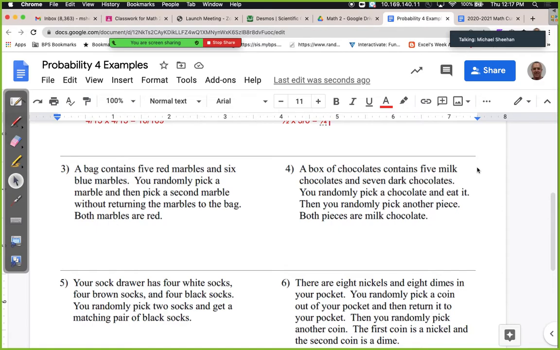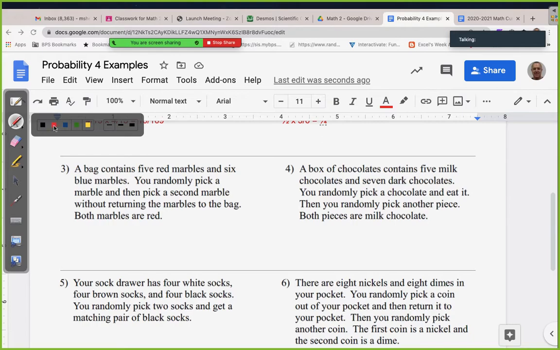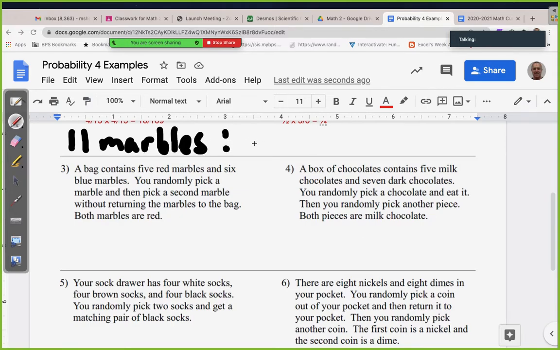Number 3, we've got a bag with 5 red marbles and 6 blue marbles. So we've got 11 marbles, right? We've got 5 red and 6 blue.